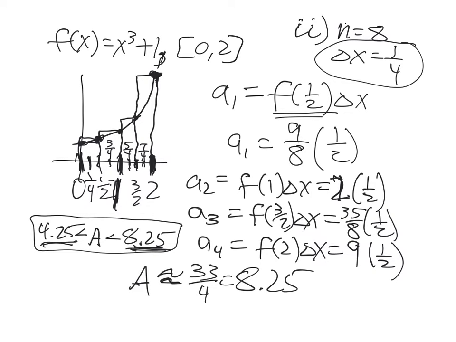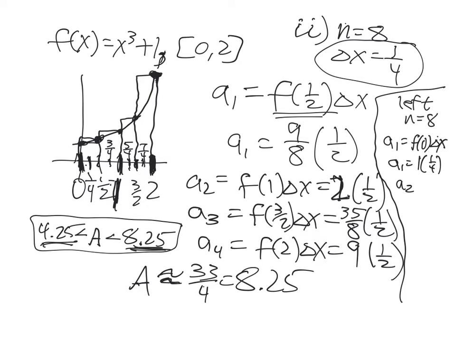So we do all of this again, except A1 using left endpoints. We'll do a couple of them here. A1 would be, left endpoints, we'd still be using f of 0, but then multiplying by our delta x, which is 1/4 this time. So A1, 1 times 1/4.